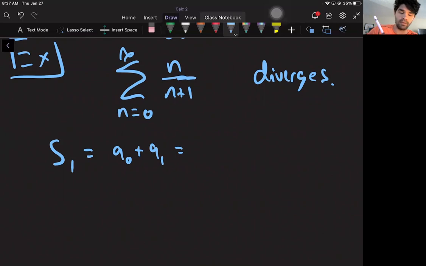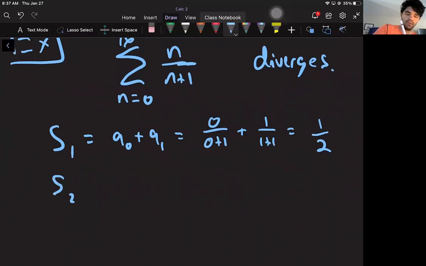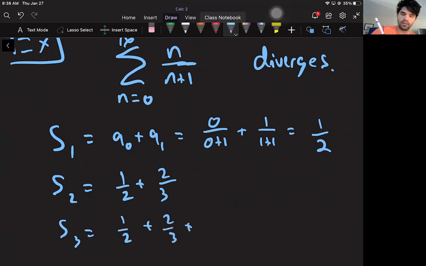So plug in 0, plug in 1, and it turns out to be the same. Doesn't matter in this case, but that's that 1/2. Okay, so then S_2 is 1/2 plus, because it's always the previous one plus the next term, plus 2 over 3. S_3 would be 1/2 plus 2/3 plus the next one would be 3 over 4, and so on like that.